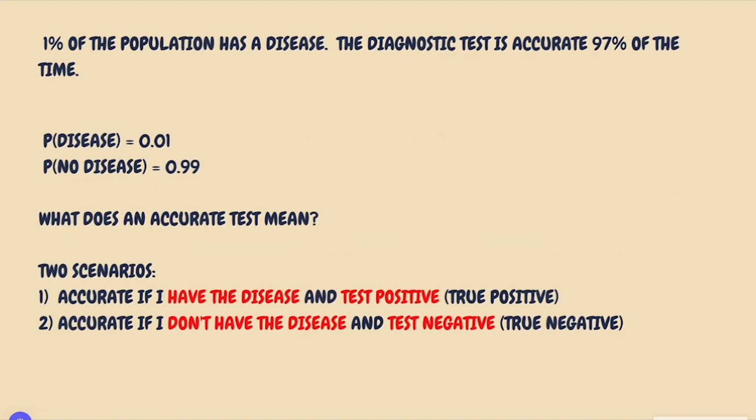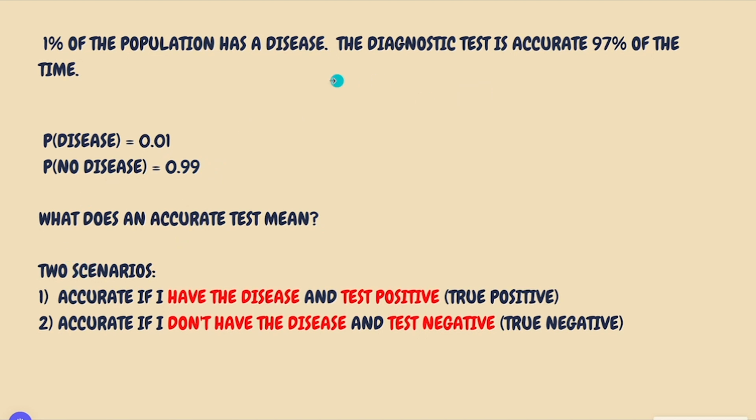So since 1% of the population has the disease, I can calculate the probability of having the disease and the probability of not having the disease. So if the probability of having the disease is 1%, denoted by the decimal 0.01, that means the probability that the population doesn't have the disease is 0.99.